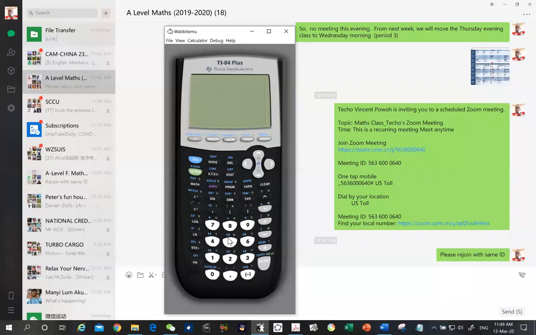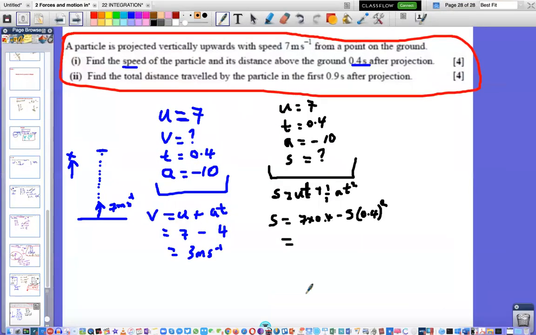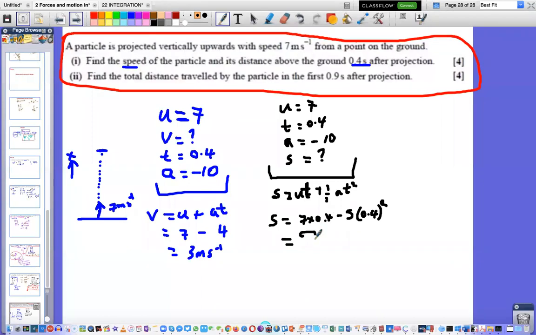I really want to calculate it. 7 times 0.4 minus 5 times 0.4 squared. I get 2. So that gives me 2 meters.